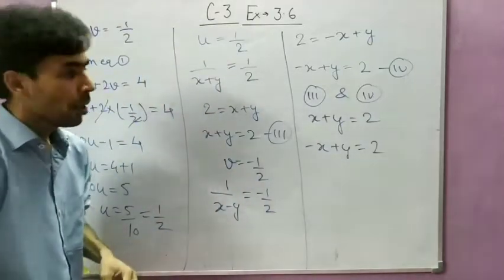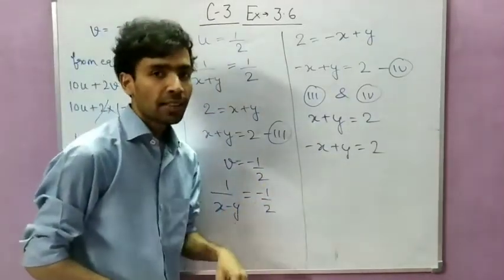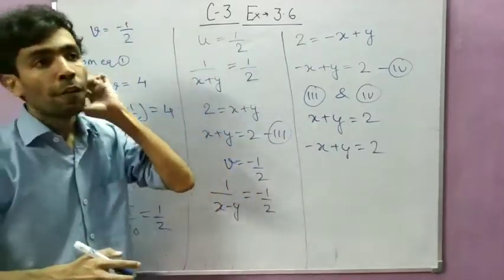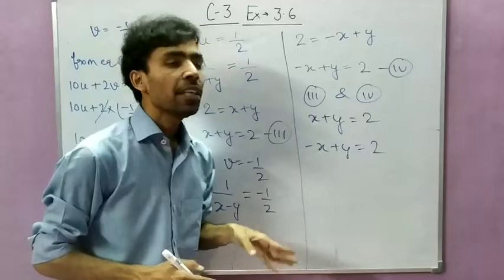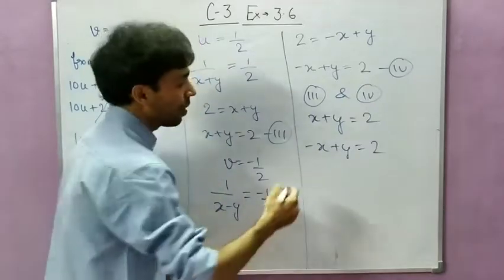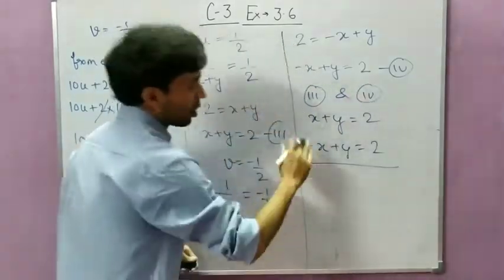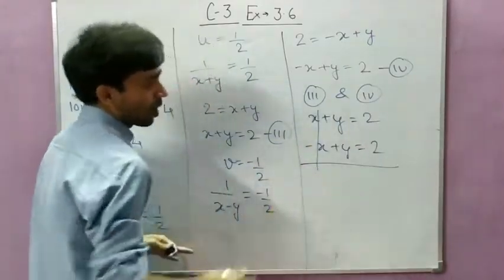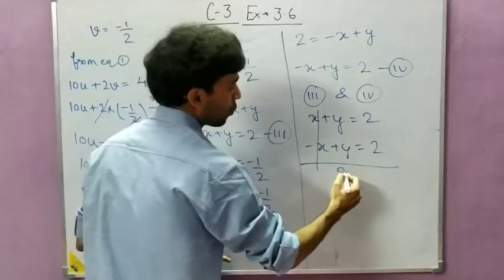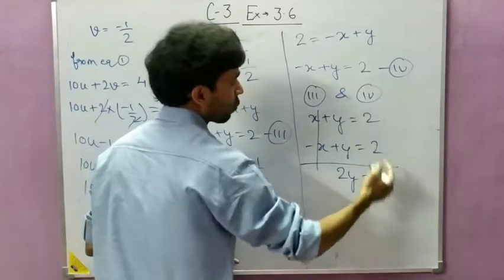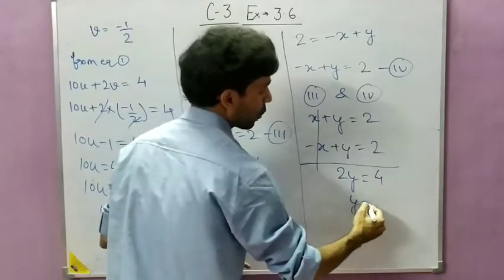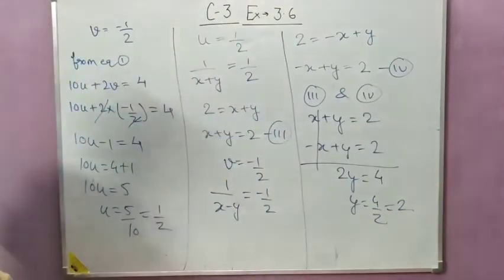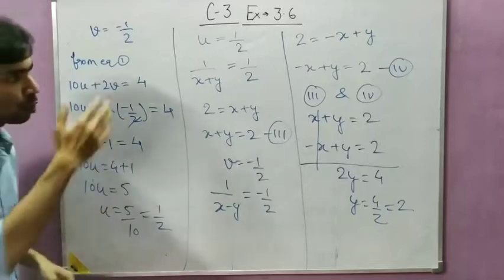Now, because we have to eliminate x and both x have the opposite sign, I told you when the variables have the opposite sign, we will add the equations. So when we add the equations, there will not be any change in the sign. So this will be cancelled. This plus y and plus y will become 2y, and 2 plus 2 will become 4. So y will be equal to 4 by 2, that is 2. Okay. Now note down these parts.